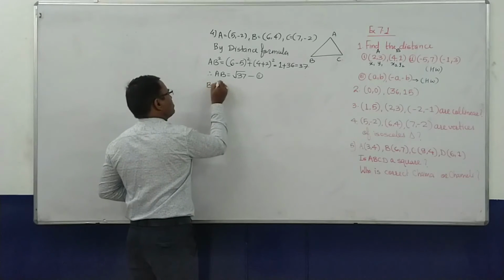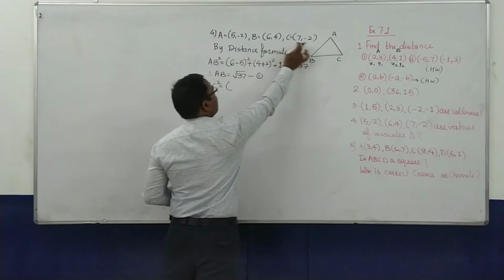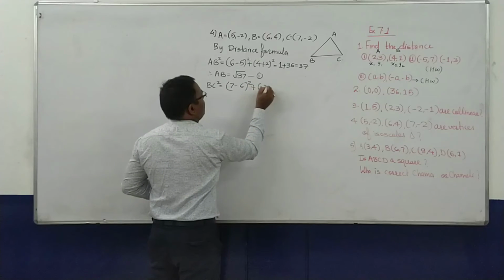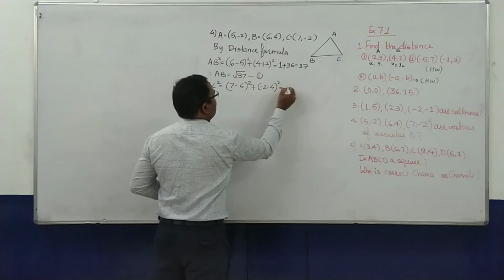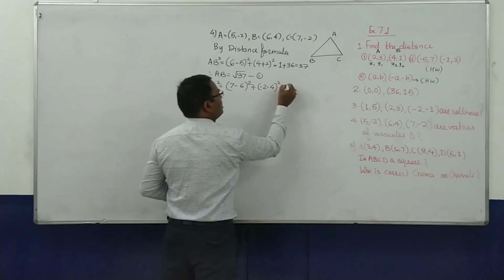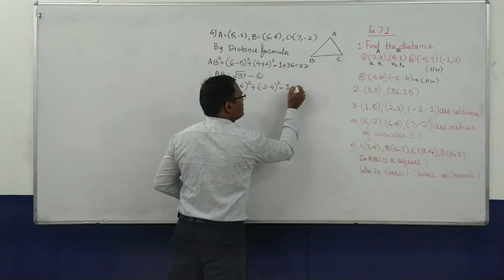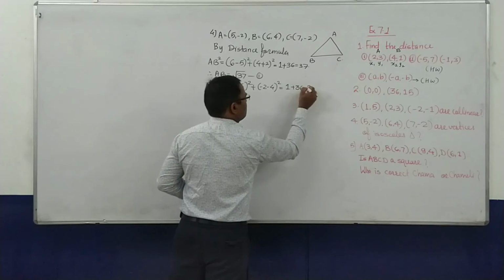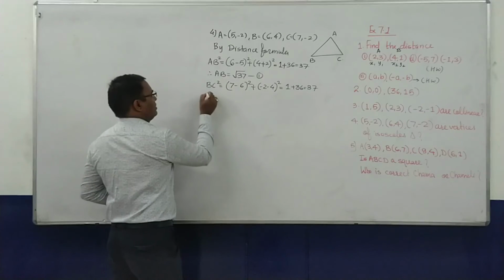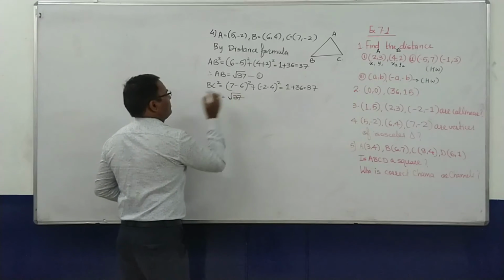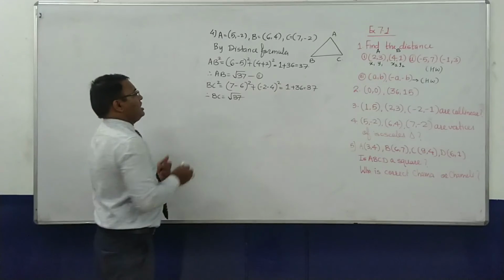What about BC square? B and C. So it is (7 minus 6) square plus (minus 2 minus 4) square, which is equal to square of 1 is 1, minus 2 minus 4 is 6, that is 36. So here also you are getting 37. So BC is equal to under root 37.